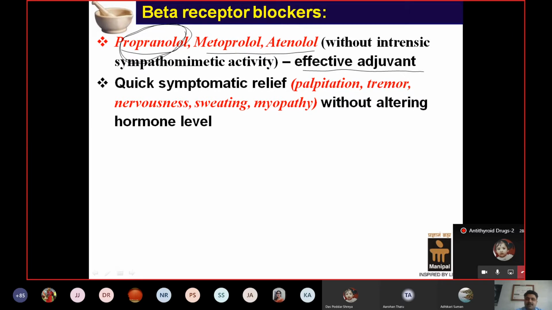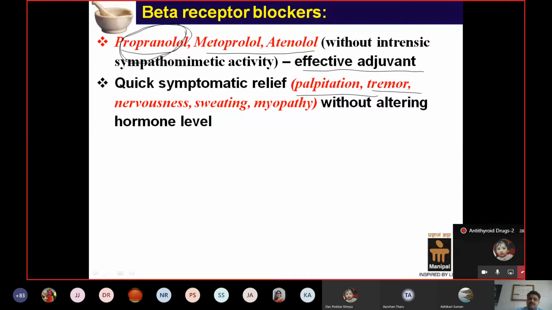What symptoms of hyperthyroidism? Palpitation, tremor. Tremor is especially suppressed by propranolol, the non-selective beta blocker. Nervousness, sweating, myopathy, without altering hormonal level. So remember, these beta blockers don't change the hormonal level.